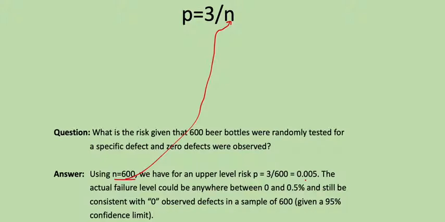So the actual failure level could be anywhere between 0 and 0.5% and still be consistent with zero observed defects in a sample of 600. This is a 95% confidence limit. It's not necessarily saying it's going to be 0, but it could be as high as 0.5% and still be consistent with finding zero nonconformances in this sample size of 600.